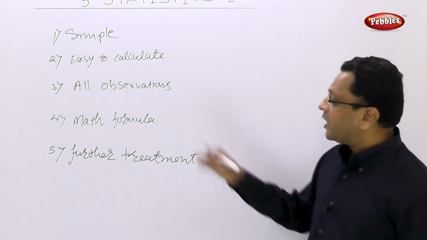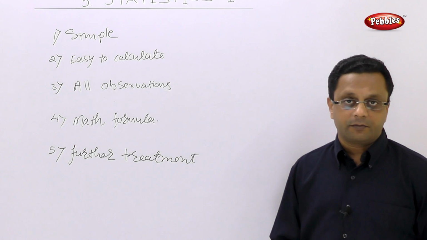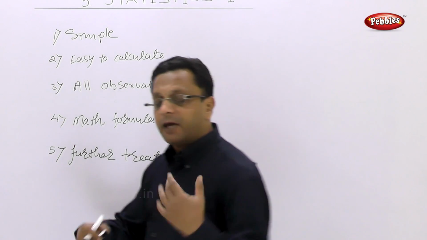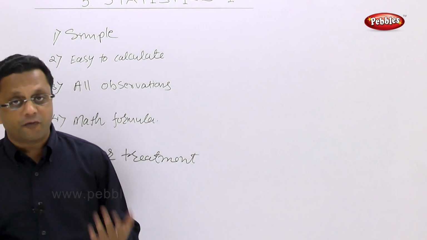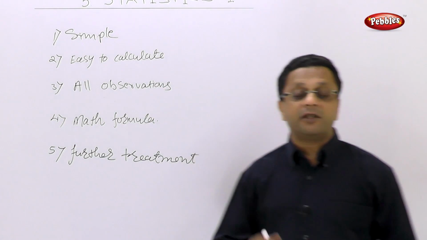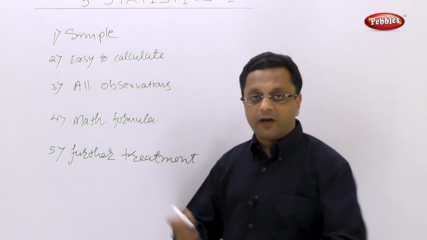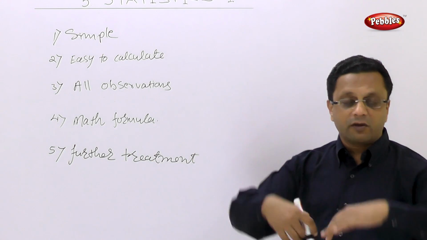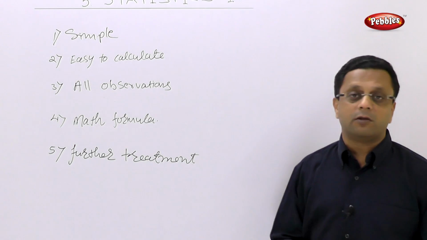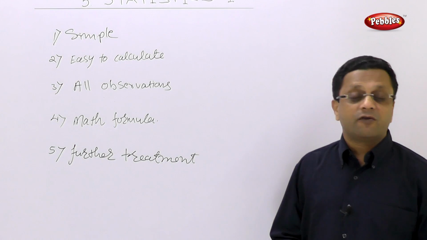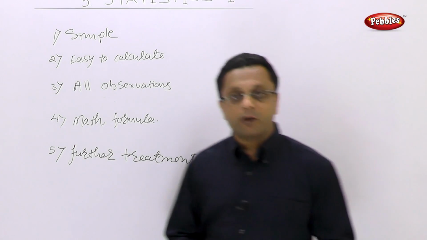That means if there are two sets of data, then we should be able to find out the answer by even combining the data. That means if I am finding out the answer for the individual data set, then the combination of data sets must also be possible. That means the further treatment should be possible.